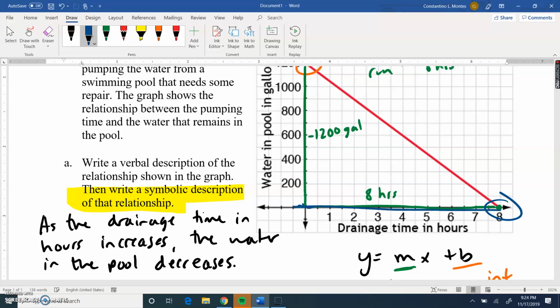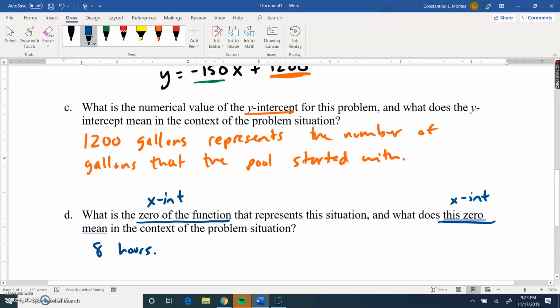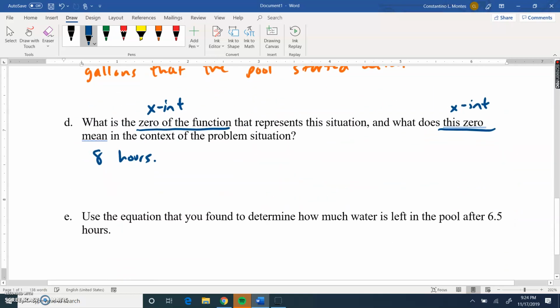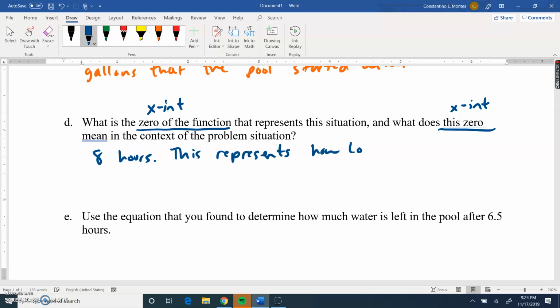Once I get to this point, I have 0 gallons left in the pool. What that's telling me is that the pool is going to be drained in exactly 8 hours. So 8 hours represents how long it takes to drain the entire pool.